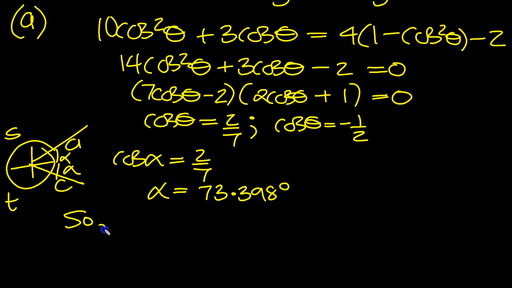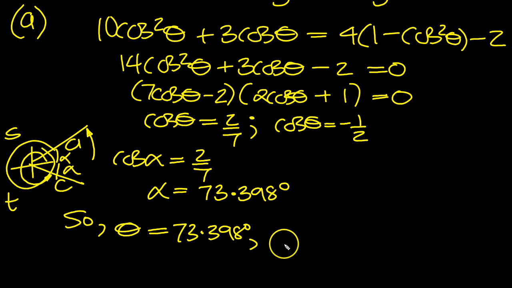So we can read off theta then. The first solution from 0 to 360 will be round to here, 73.398. The second solution will be right around to here, which is 360 minus 73.398, which is 286.602. Tap it in the calculator if you need to.